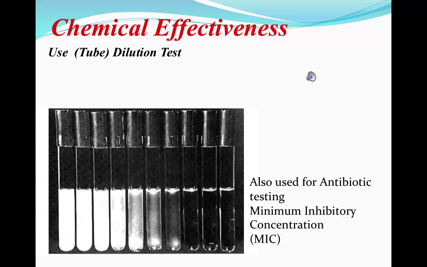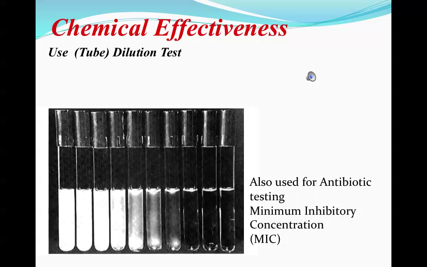By measuring the concentration in the test tube where we last see any visible growth, which according to what I'm looking at in this photo, going from right to left, would be the third test tube from the right, that test tube where we see no growth.